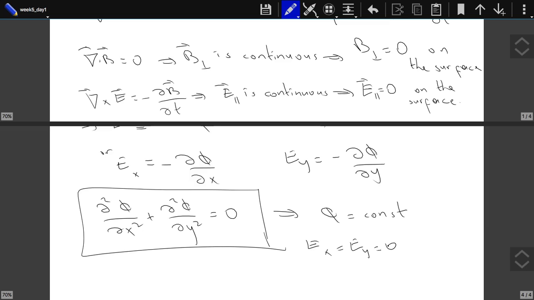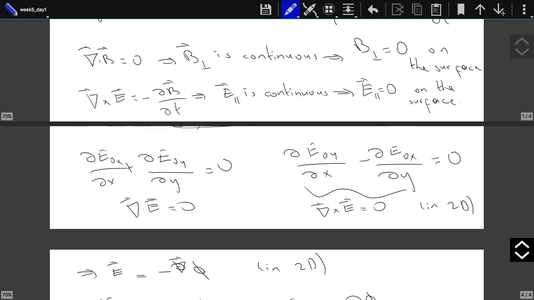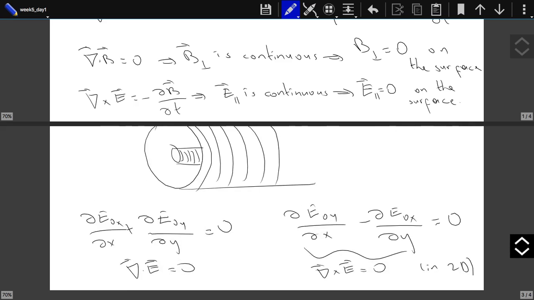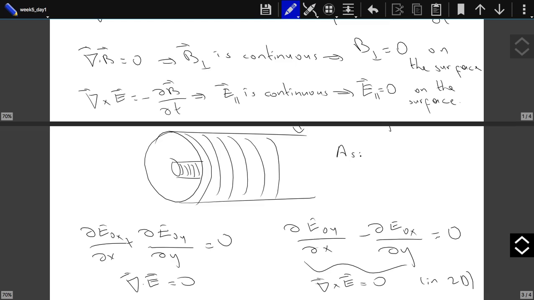Now, how did we obtain this result? By assuming that both Ez and Bz, they are both 0. So let's say assume E0z is equal to 0, B0z is equal to 0.